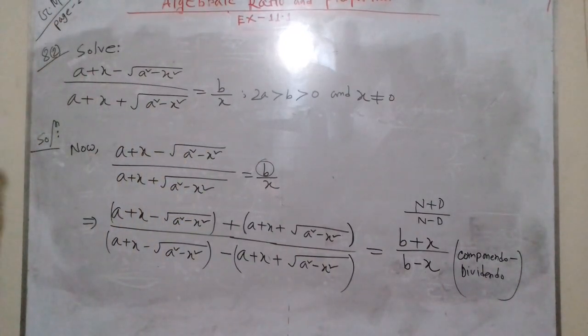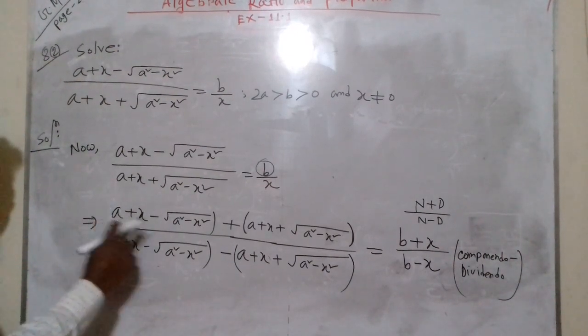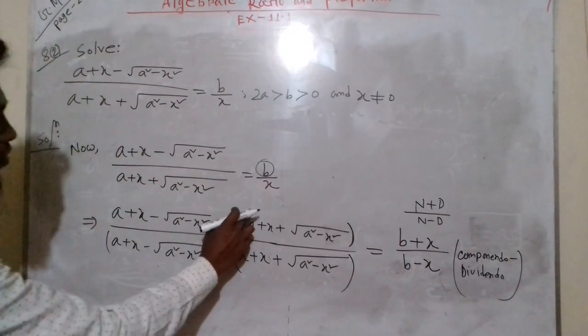Now simplify this line, so cancel bracket, simplify this line.